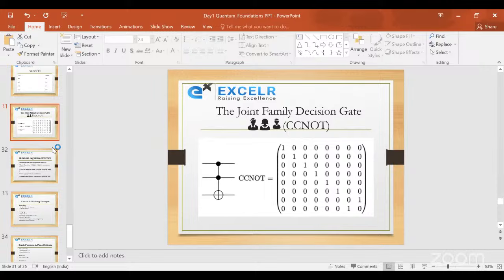So this is a double control gate, and now we will talk about quantum circuits. For the quantum circuits, I did not have slides, so I will use the whiteboard of this Zoom platform for the quantum circuit explanation.